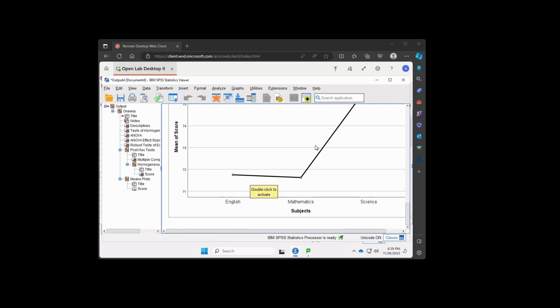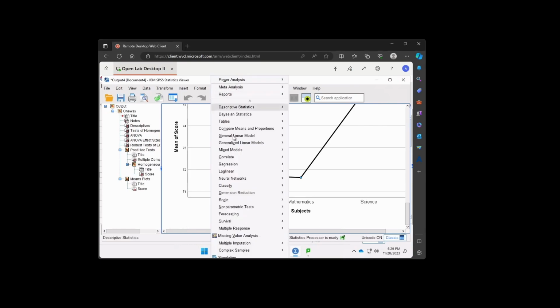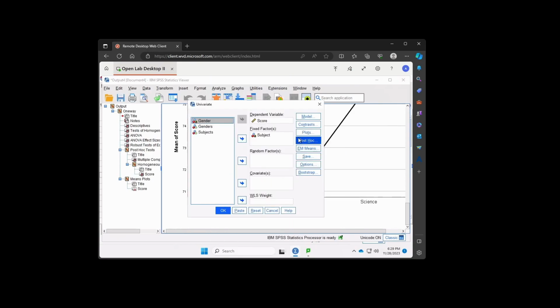And right now we want to use the general linear model. If we go back to analysis, general linear model, univariate, and we want to put score for dependent variable and subject for our fixed factors.